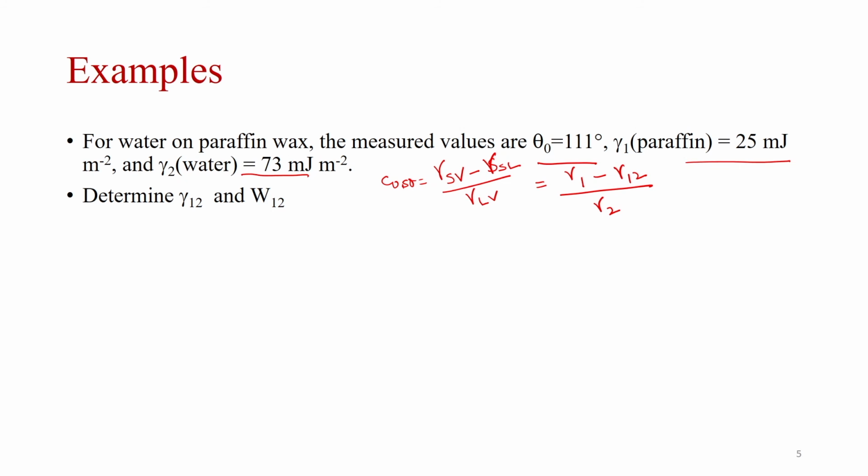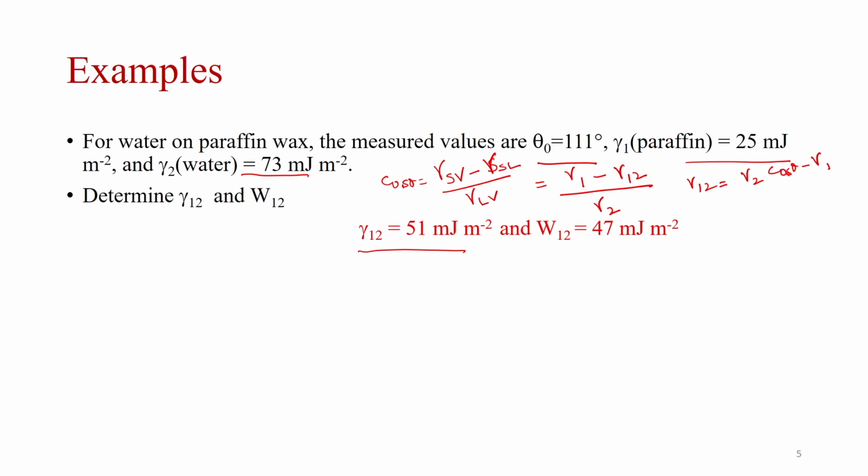So, from here theta is known, and we should be able to calculate the value of gamma 12, which will be gamma 2 cos theta minus gamma 1. If you calculate, it comes out to be 51 millijoule per meter square.